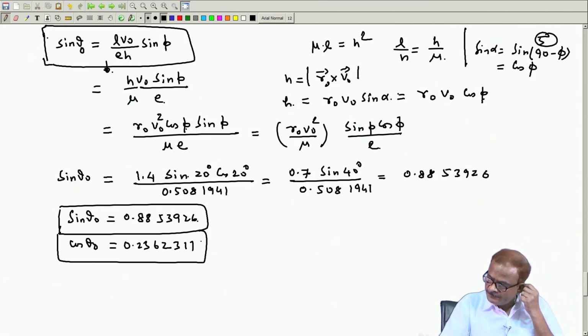In the actual calculation, even a small angular difference matters.